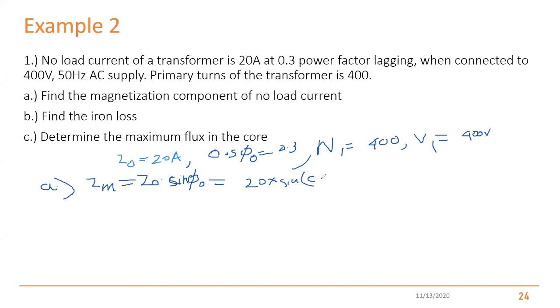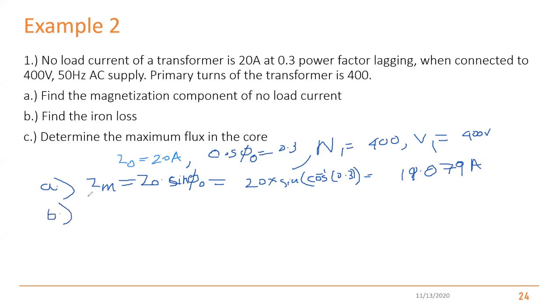Phi naught can be calculated by cos inverse 0.3. If you calculate that, you can obtain IM, which will be 19.079 amperes. That is the magnetization component of the no load current.